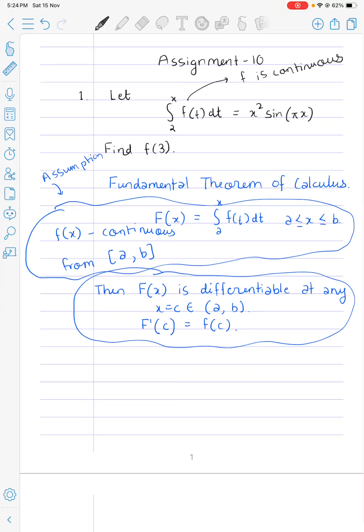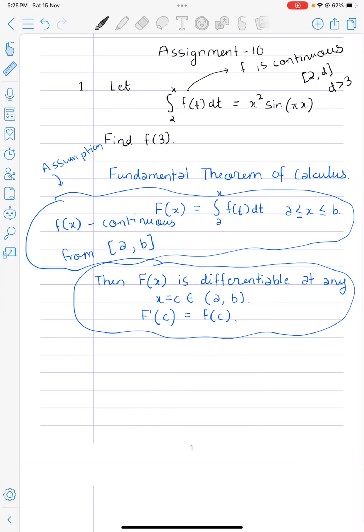Then only you can use it. So if f is continuous from 2 to something greater than 3, let's say d, where d is greater than 3, then you can use the fundamental theorem of calculus.